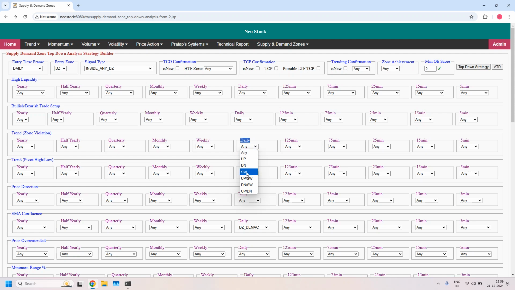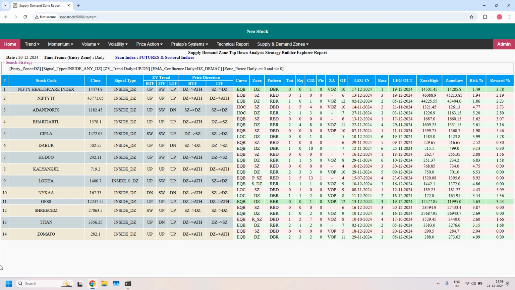I am not selecting sideways, I am selecting only up or down. Let's filter. See, from 50 now the list has come down to 14 stocks. So these 14 daily demand zones are having daily EMA Confluence, and the present price is closed inside these daily demand zones. Okay.